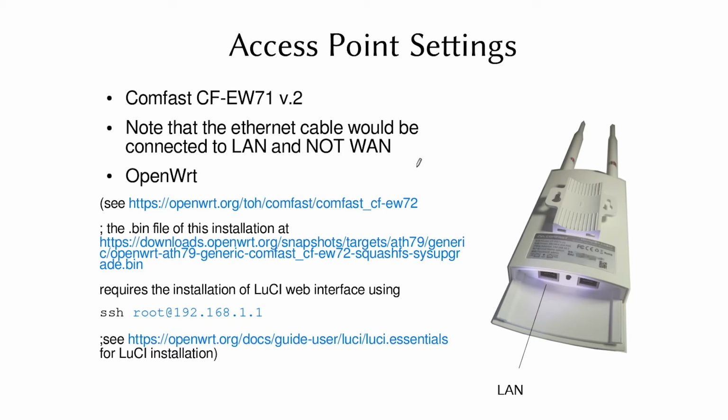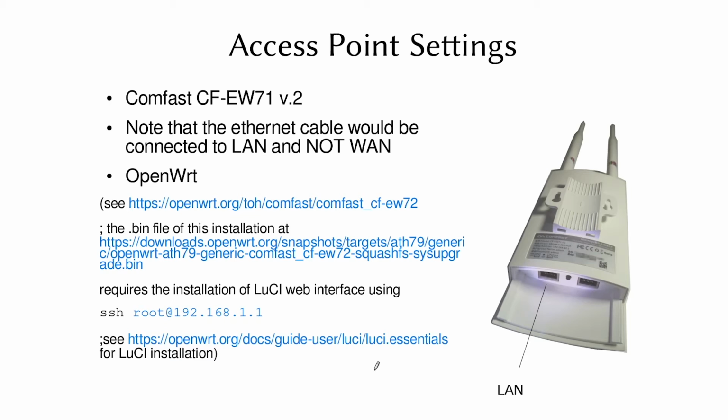So note that the Ethernet cable would be connected to the LAN and not the WAN, because what I did was I replaced the software of this device with OpenWRT. And here are some links if you want to do that.